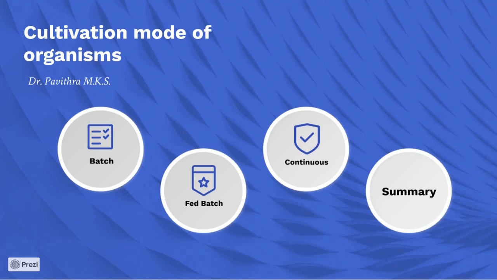Cultivation of microorganisms is one of the most important activities of any fermentation process. Success of the bioprocess lies in our ability to maintain high cell density, particularly with growth associated processes.